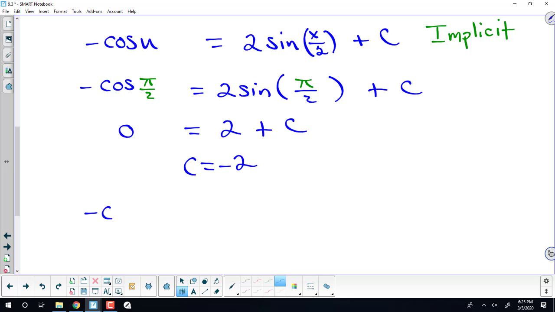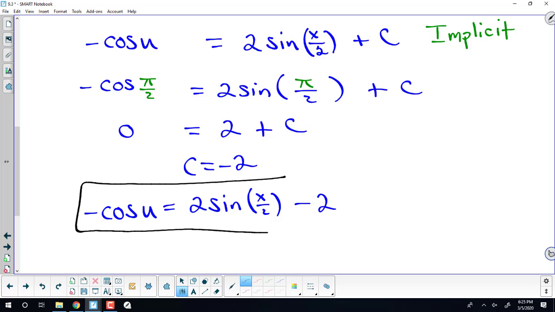So let's write our completed implicit solution down. Negative cosine of u equals 2 sine x over 2 minus 2. That's our implicit solution.